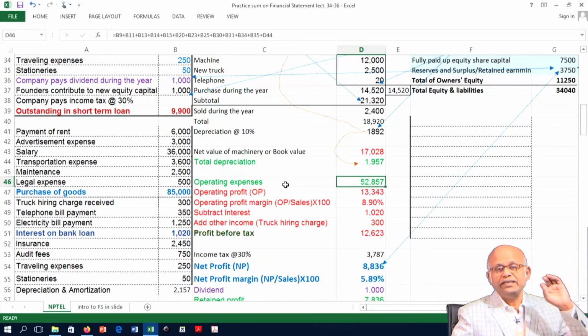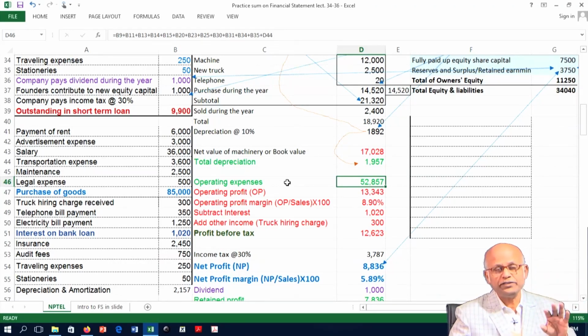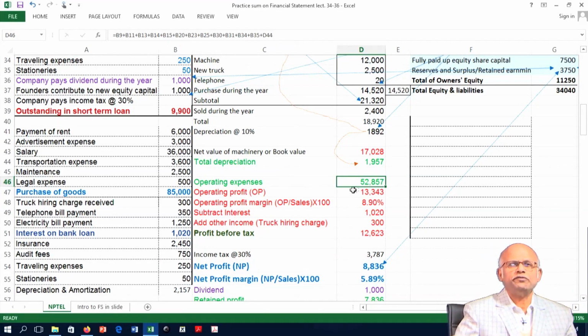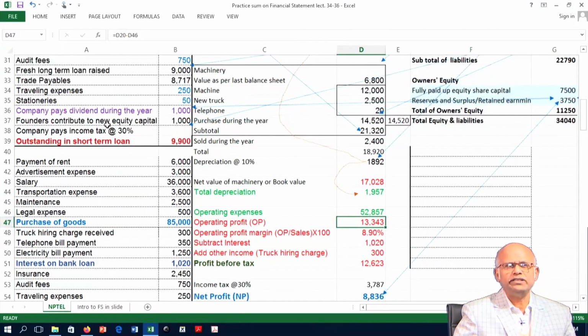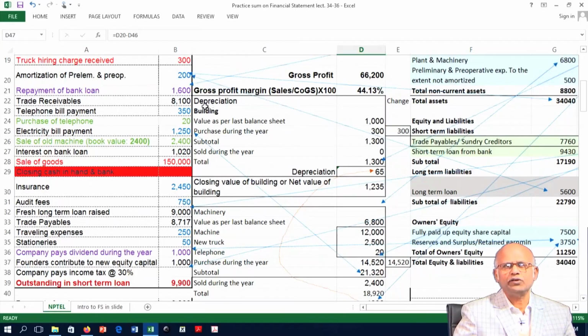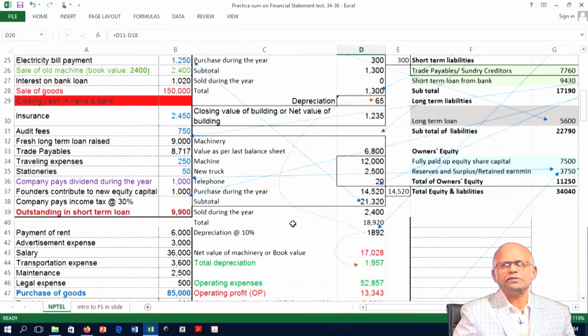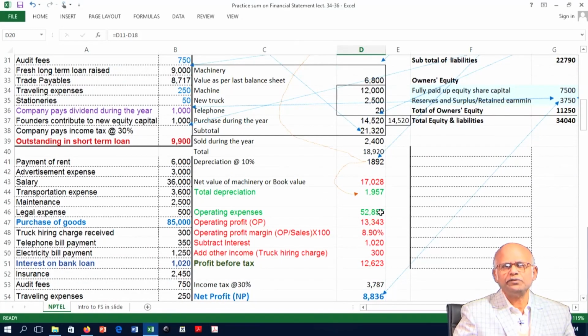And as I said, gross profit minus operating expense is operating profit. So, this is D 20 minus D 46, D 20 is the gross profit, which is 66,200, minus operating expense, which you have estimated, 52,857. So, operating profit is 13,343.